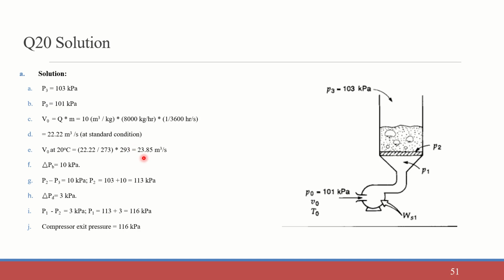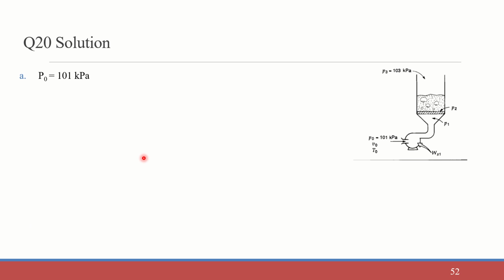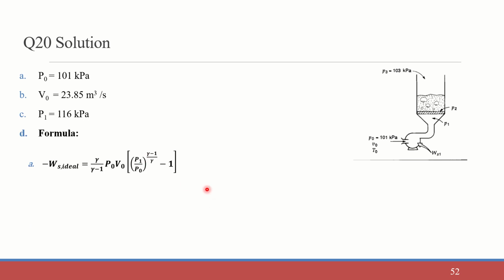So that is how we got V naught. Now we know P naught, V naught, T naught, and P1.